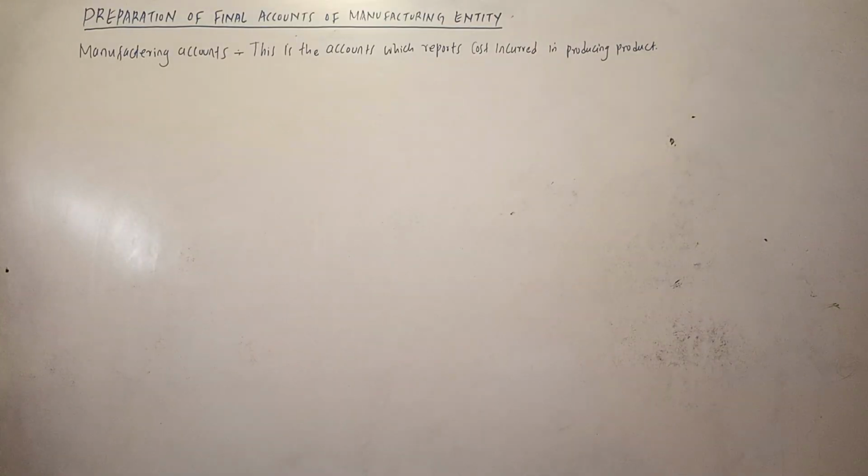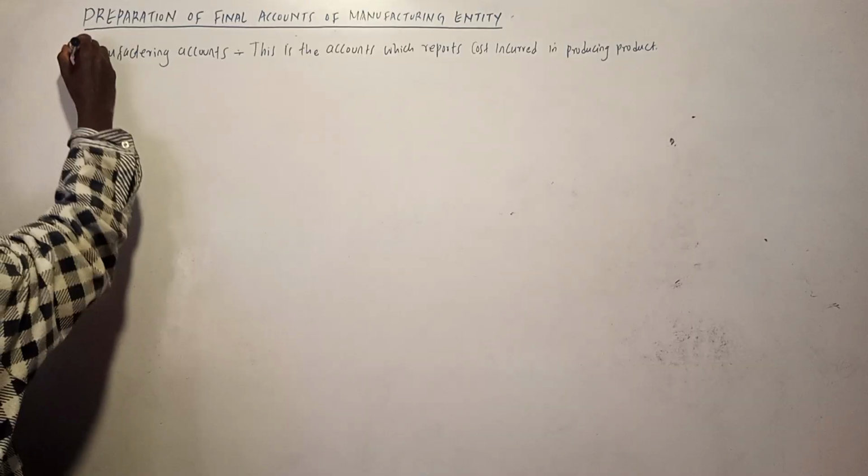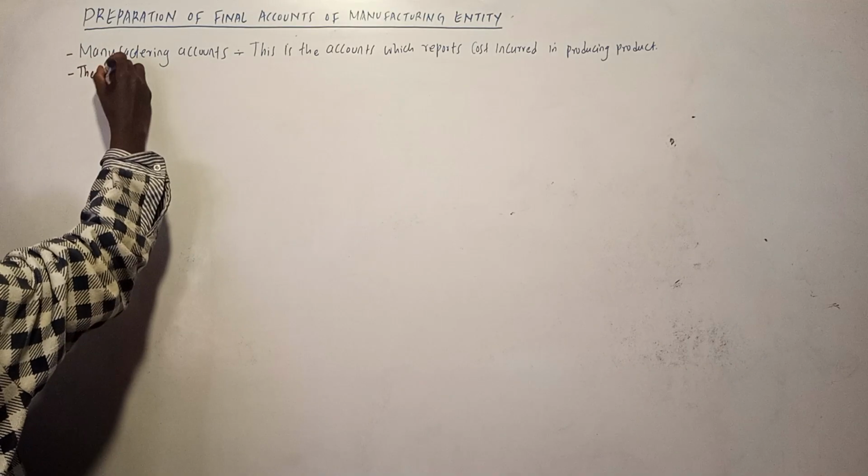Purchases will not be recorded in the income statement, but rather in the manufacturing account. So the main objective of preparing this account is to account for the purchases of raw materials.